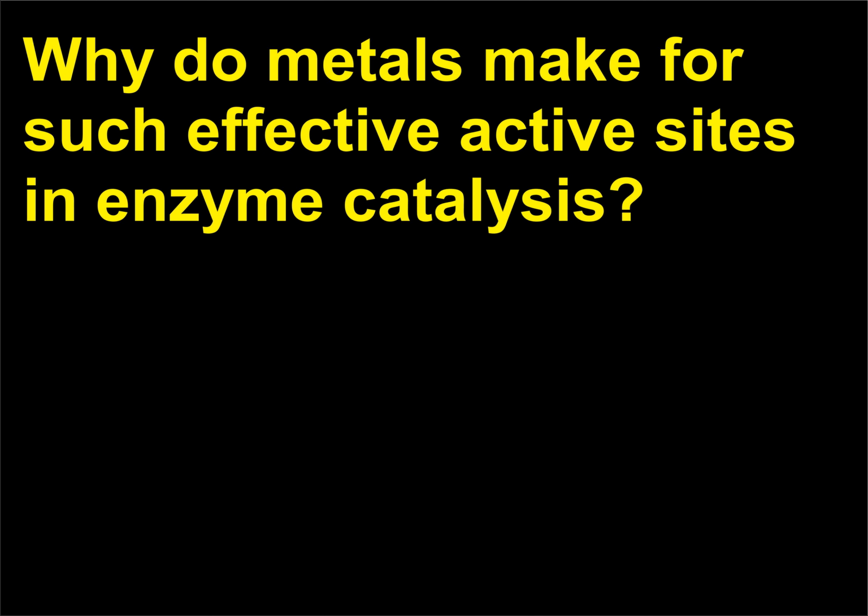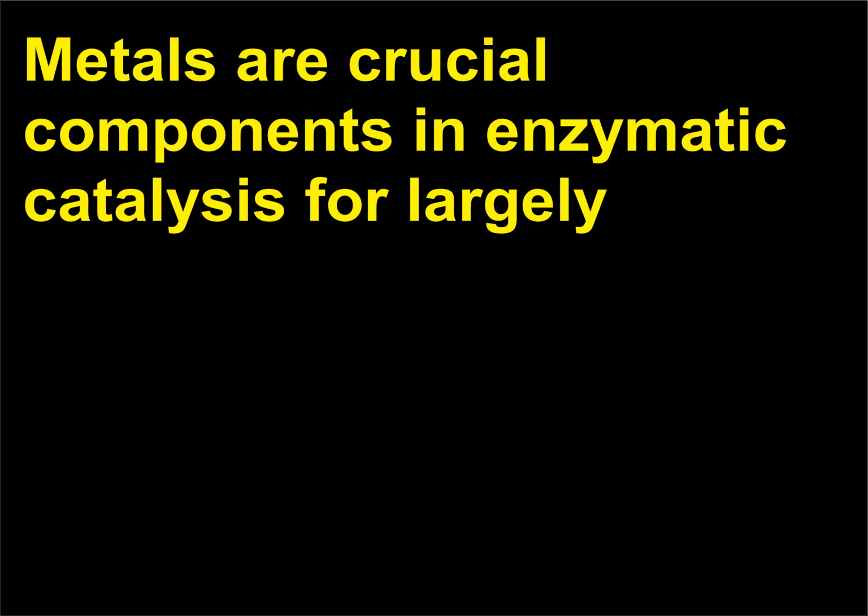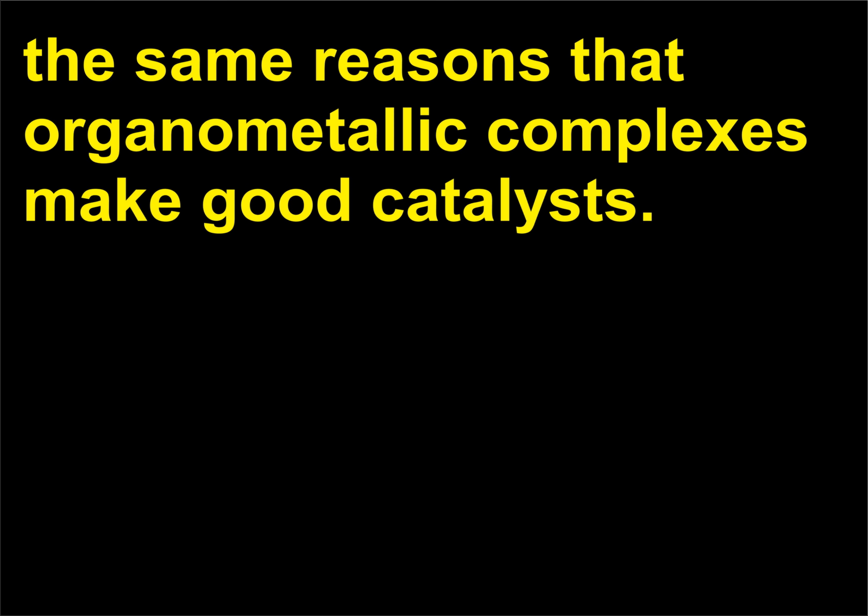Why do metals make for such effective active sites in enzyme catalysis? Metals are crucial components in enzymatic catalysis for largely the same reasons that organometallic complexes make good catalysts.